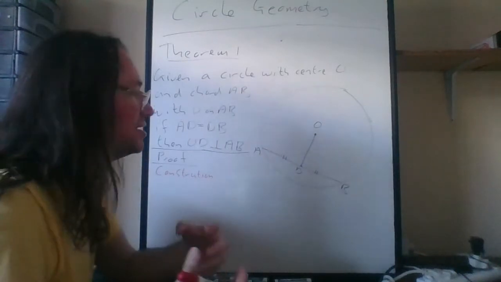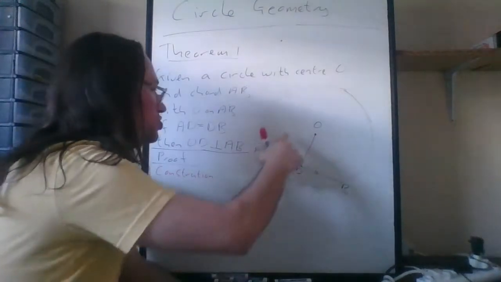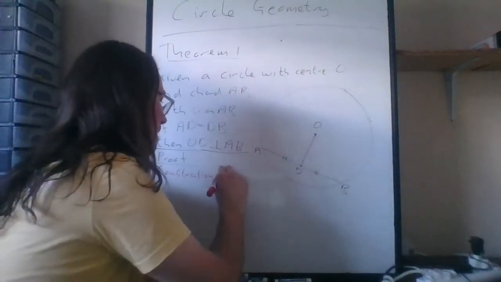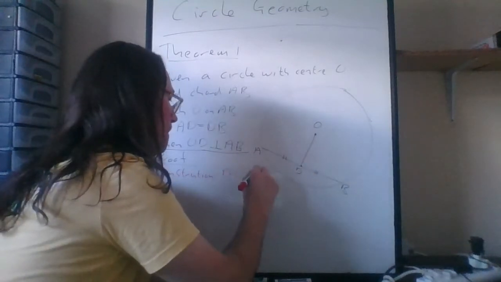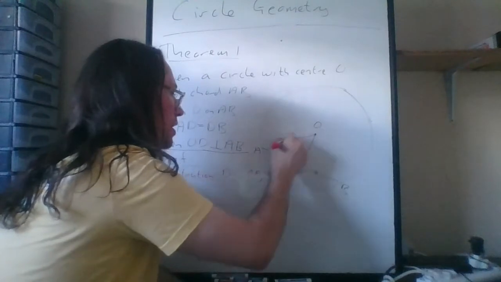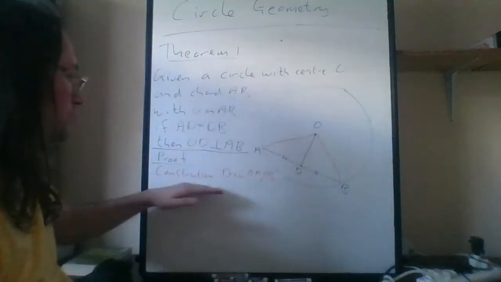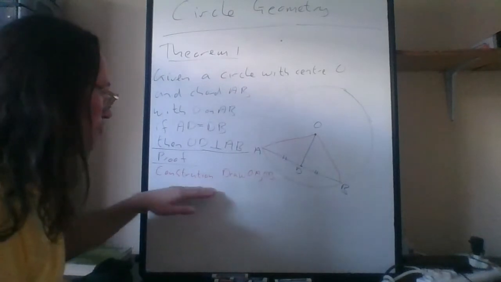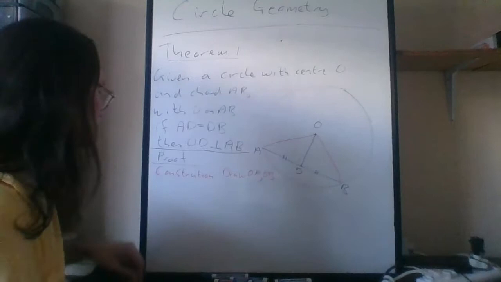Another is adding things to sketches. So by this construction, I mean adding things to sketches. So in this case, draw OA, OB. So we draw in OA, OB. Okay, so this is the first part of the proof. We just say what we do on the sketch.